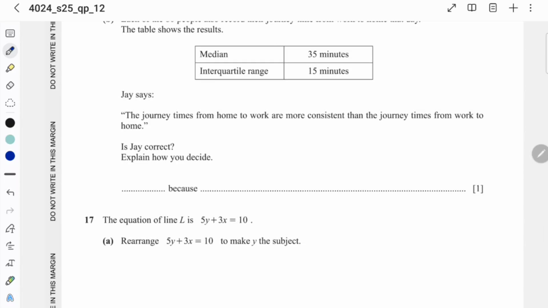So yes, J is correct. Home to work is more consistent. Why? Because the interquartile range is lower for the journey time from home to work.